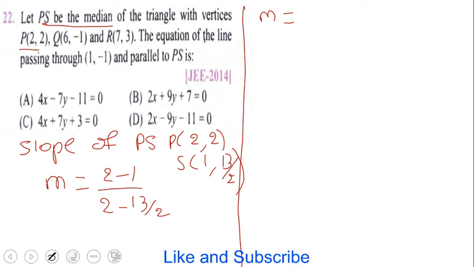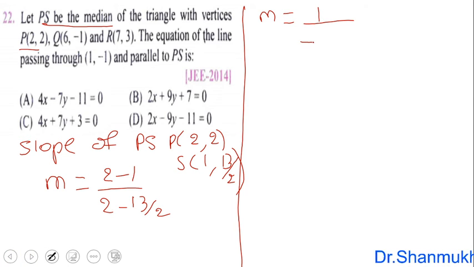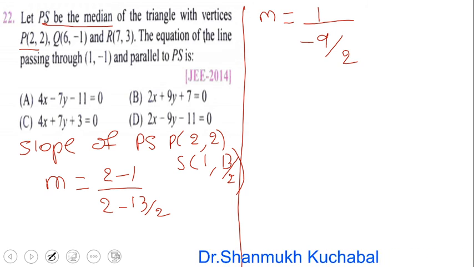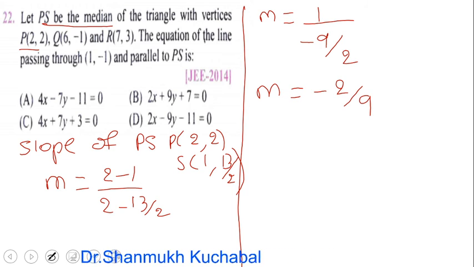I used m as y2 minus y1 divided by x2 minus x1. Further, the simplification will be m equals 1 divided by minus 9 divided by 2. We take the reciprocal, we get m as minus 2 divided by 9. So this is our slope.